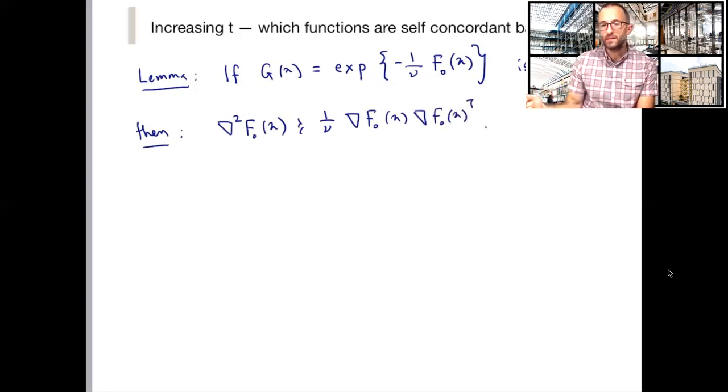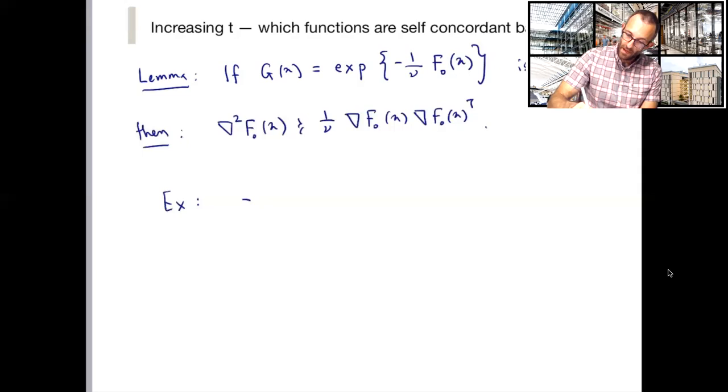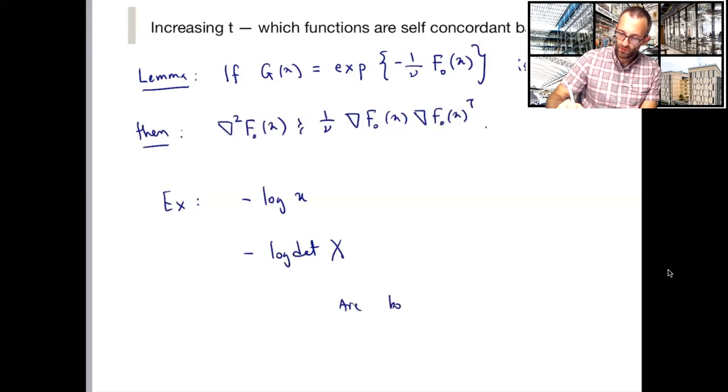So this makes it easier to check that something like minus log x or minus log det x are both self-concordant barriers.